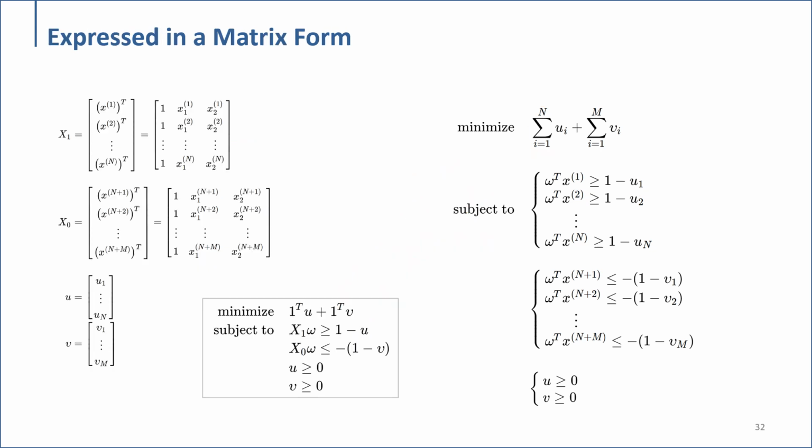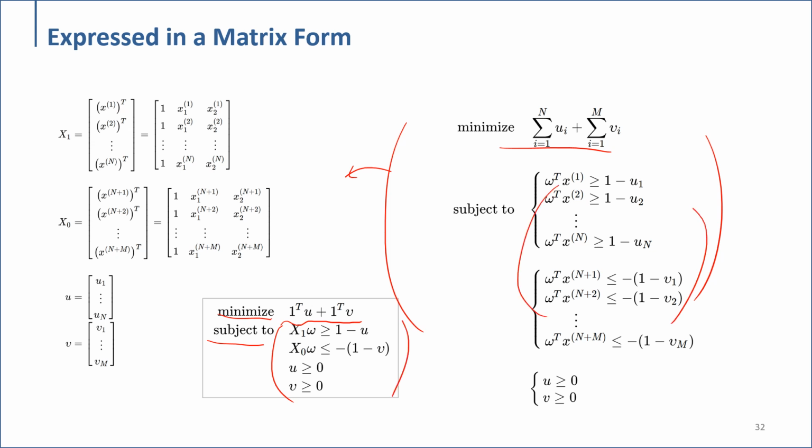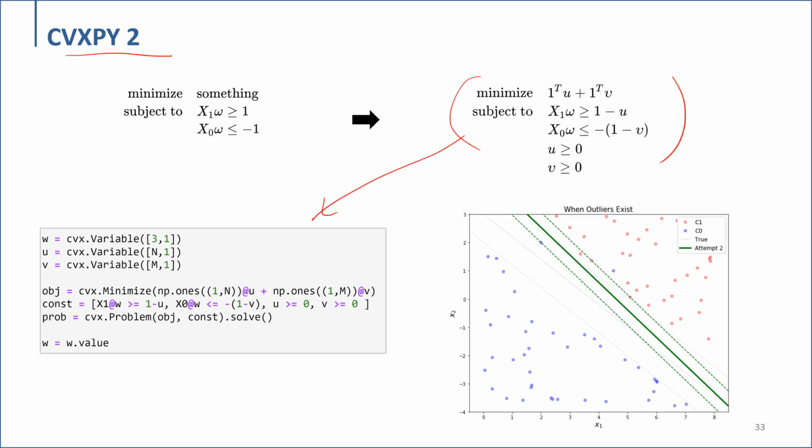When you express this optimization problem in matrix form, you can simplify it like this: minimize this equation, which is subject to this relation. Of course, by using CVXPY, we can implement this optimization problem in Python.